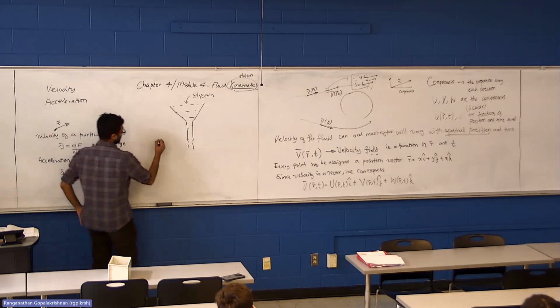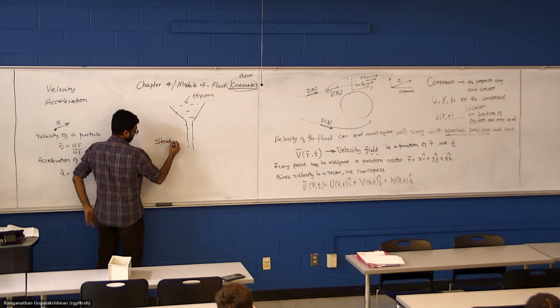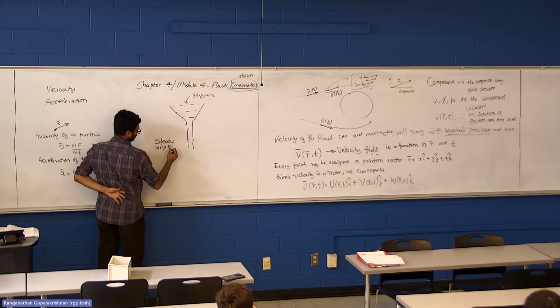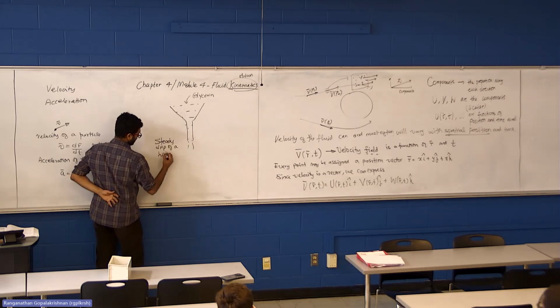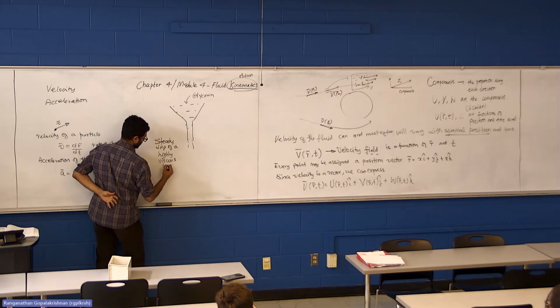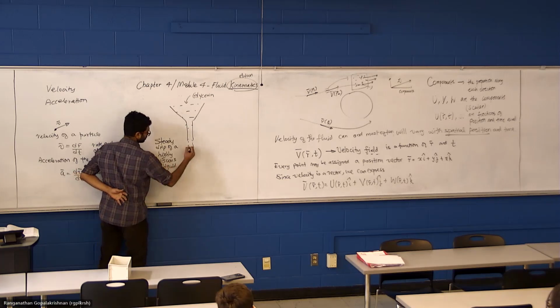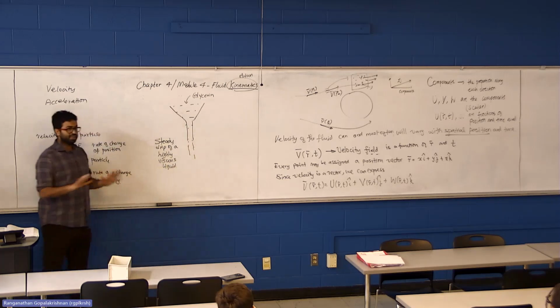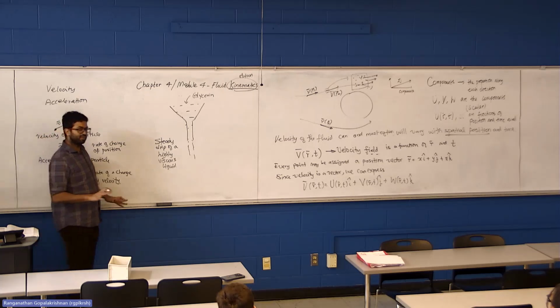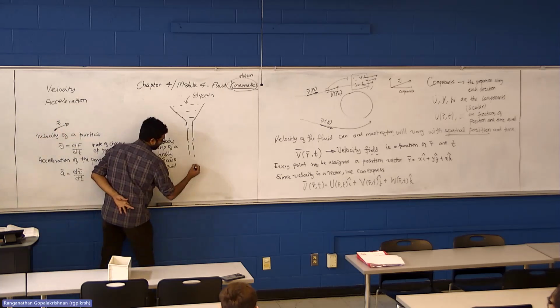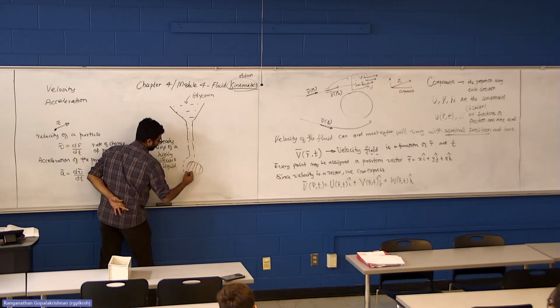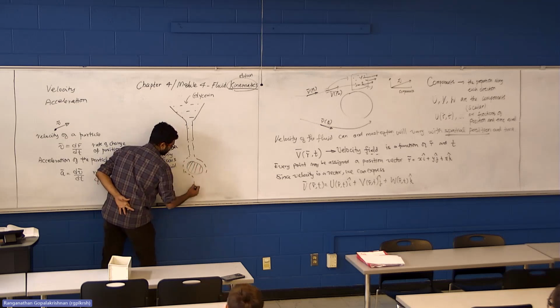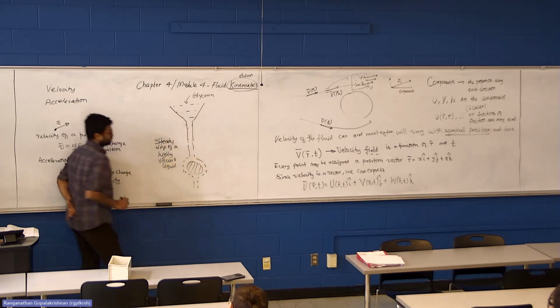Okay, so steady drip of a highly viscous liquid. It's steady. Nothing is changing. Nothing changes with time. And then I'm going to keep a sphere, like a tennis ball, and let the fluid wash this ball and drip out.